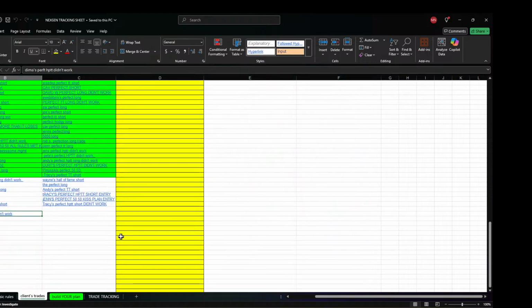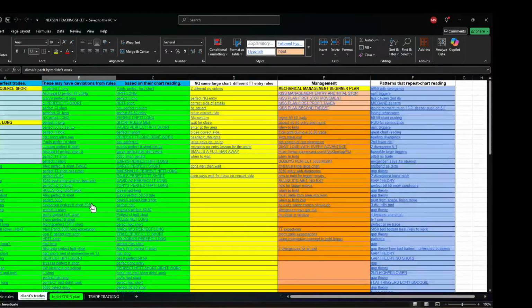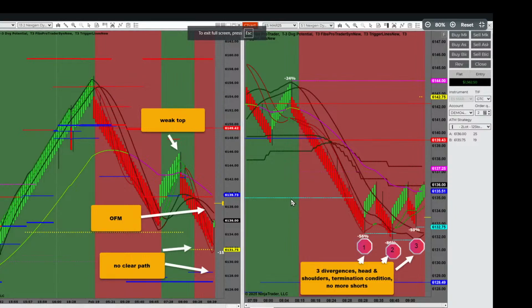The second tab is about 400 pictures in the green section of Nexgen users doing amazing things with this software. When you guys drop something in the room and I click on it and I'm like, all right, let's see what you did, Bob. And Bob says, check it out, Mark. I had all of this momentum, but it was into a termination. And then 3 divergences told me, don't go short anymore.